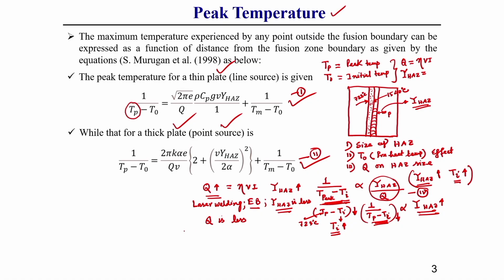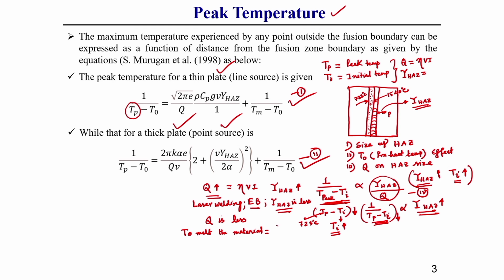Why is it comparatively lesser? Because we know that to melt the material, a particular heat flux is required. So, for a high intensity beam, your heat is put in a very small area.